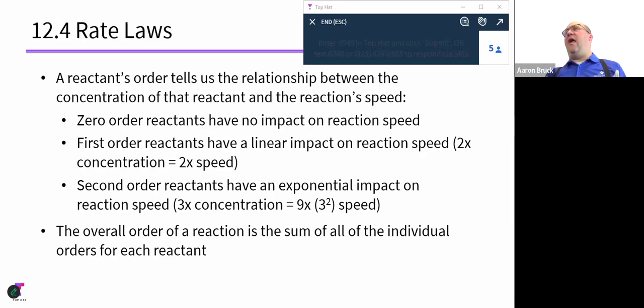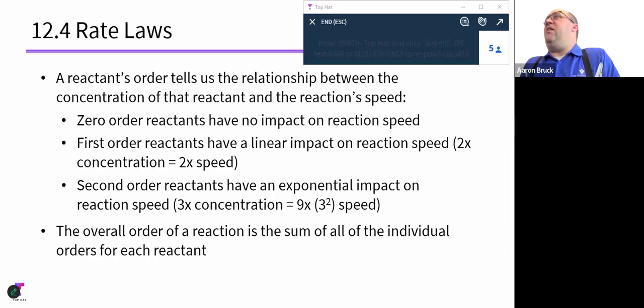So zero order has no impact. First order, it's a linear relationship. Second order, it is an exponential relationship. And what we mean by that is we are going to square the impact. So if I triple the concentration, the reaction is going to go 9 times faster, 3 squared faster.